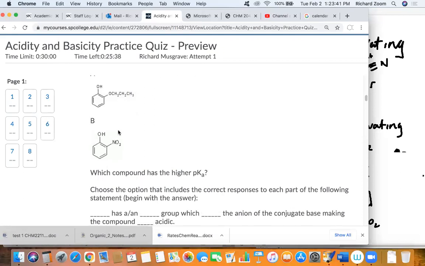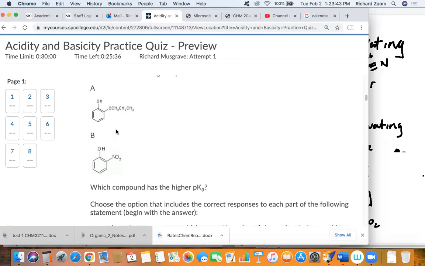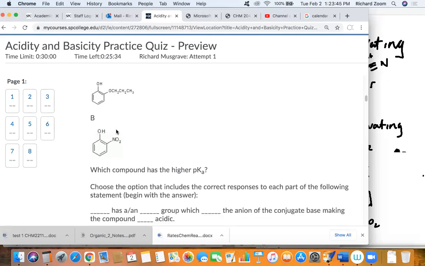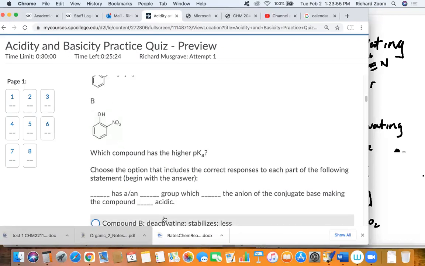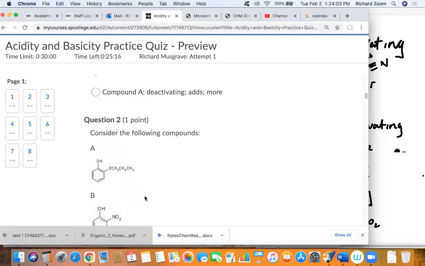So for that one, it'd be compound A, which has an activating group that destabilizes the anion, making the compound less acidic. So again, you can sort of do it backwards: less acidic, destabilized anion, activating group. I think that's a good way of doing it.